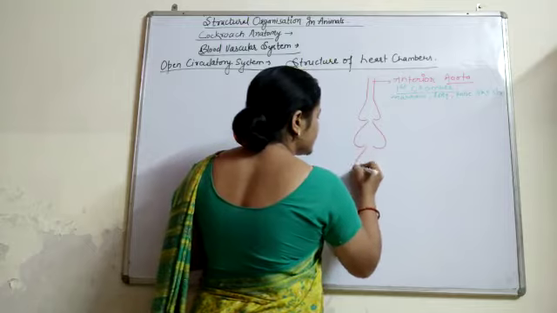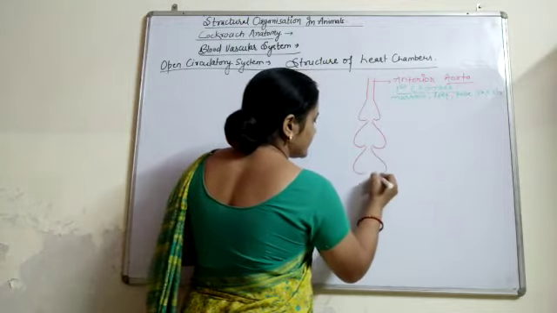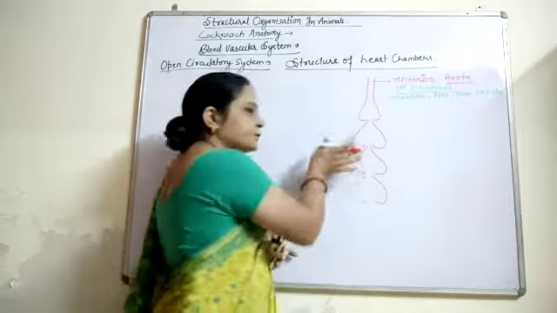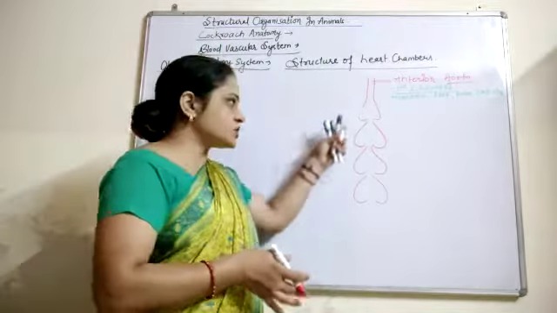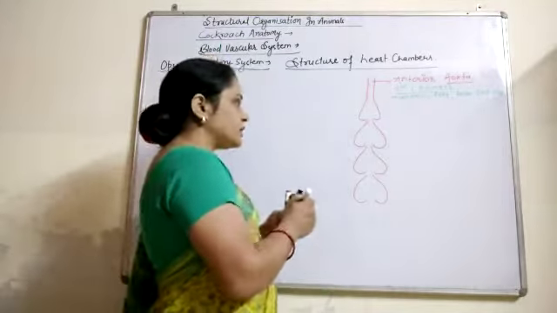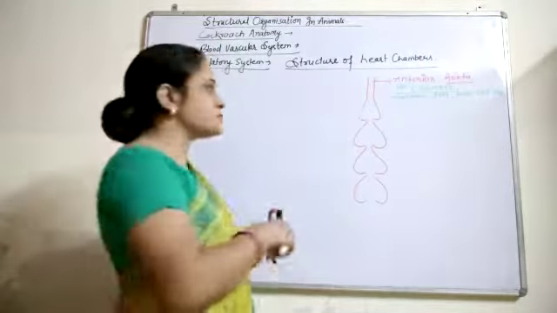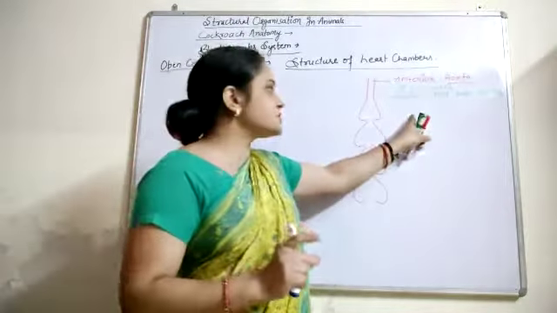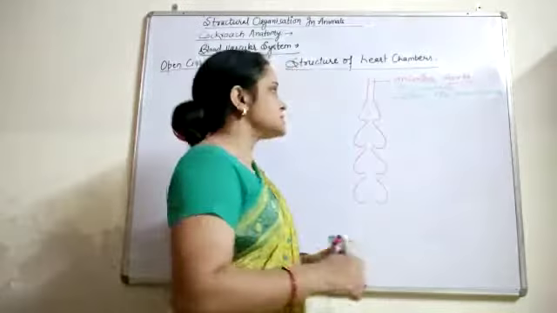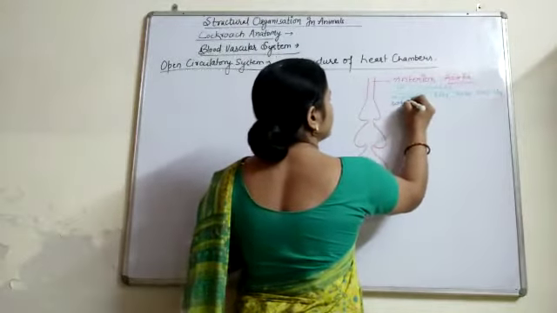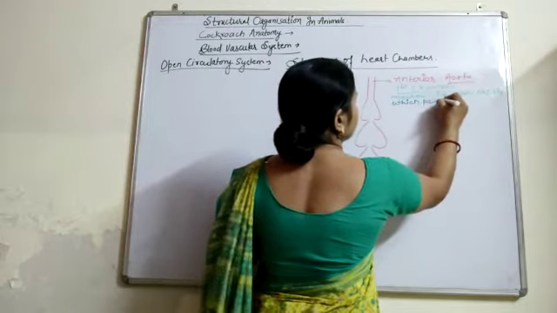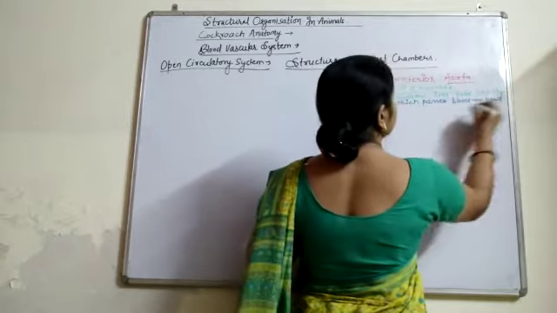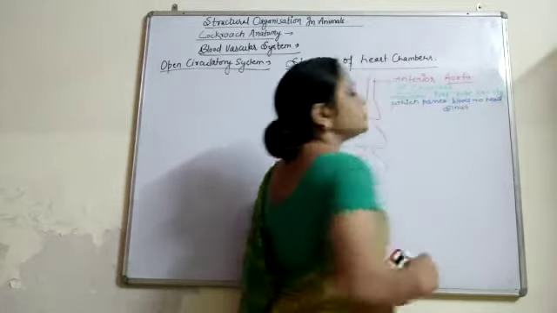The second chamber starts here, again the third chamber, then the fourth chamber, and so on up to the 13th chamber. The structure looks like this. We have to label the different parts. First is the anterior aorta, located in the first chamber, a narrow long tubular structure which passes blood to the head sinus.